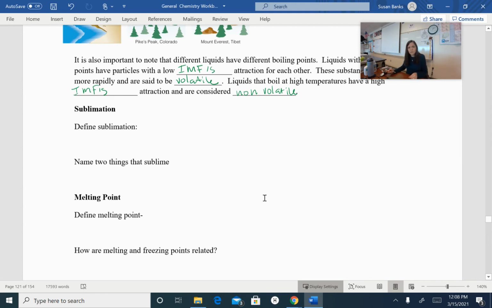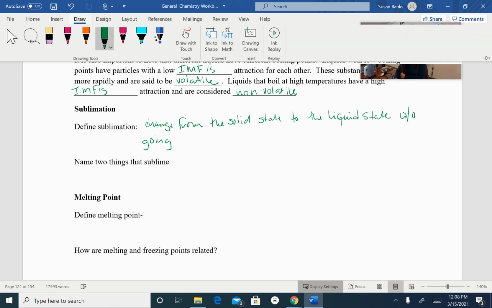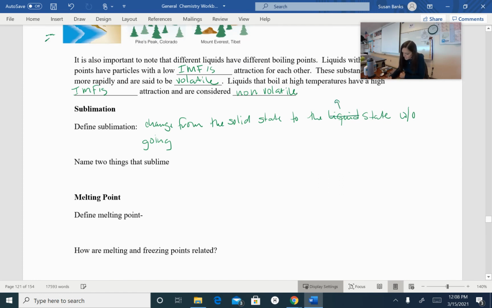Okay, I want to define sublimation. Sublimation is a change from the solid state to the gas state without going through the liquid state first.